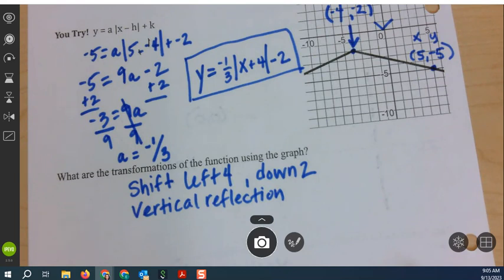Is ours stretched, or is ours compressed? Compressed, yeah. So this is compressed, and the number it's compressed by is this number here. I prefer that you say it's compressed by 1/3 because we already used the negative for the reflection. But if you said it's compressed by negative 1/3, I wouldn't complain too loud. Compressed by 1/3.